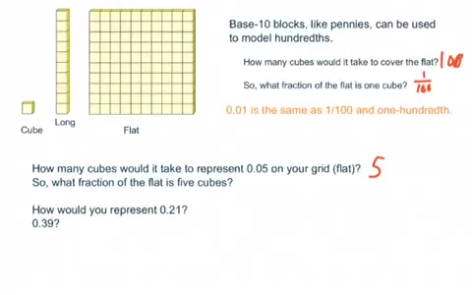So then what fraction of the flat is 5 cubes? Hopefully you'd be able to tell me, like 5 pennies would be 5/100ths, which I could also, again, remember, write this way. 5/100ths.